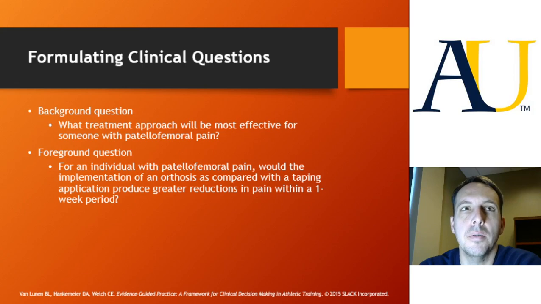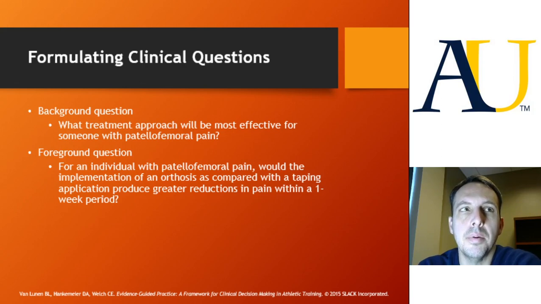In a background question, the purpose is to try to create the framework for understanding, meaning that basically in a background question, we're just throwing out our ideas and trying to figure out how best we could go about answering those.